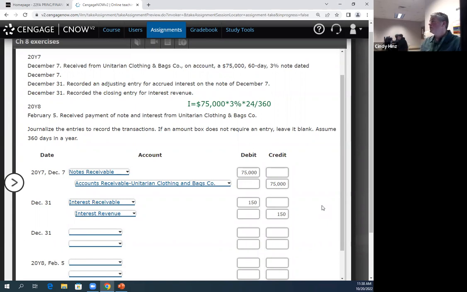We're recording the interest receivable and interest revenue. The other side of that is Unitarian, the maker of the note, should also at the same time be recording interest expense and interest payable as their adjusting entry.